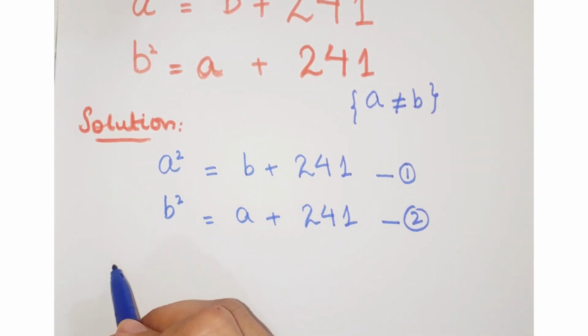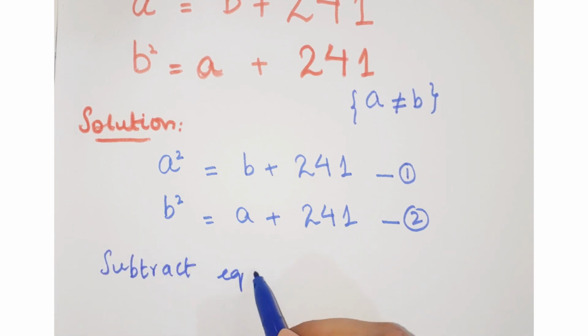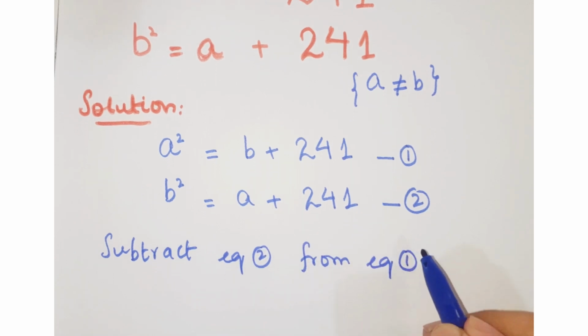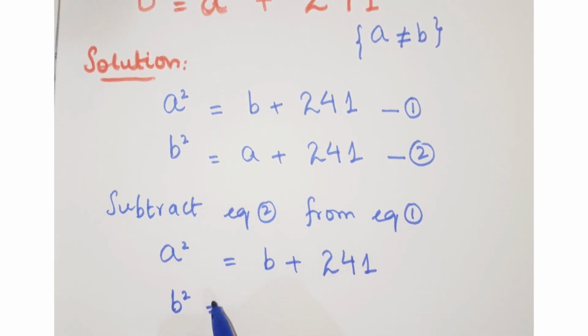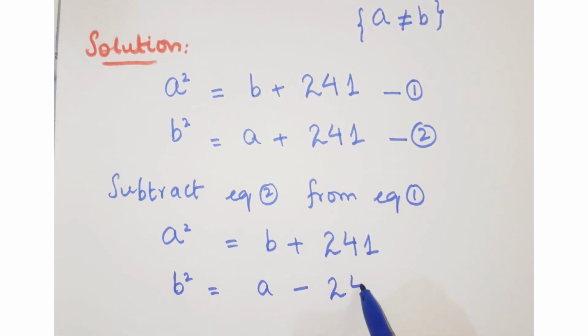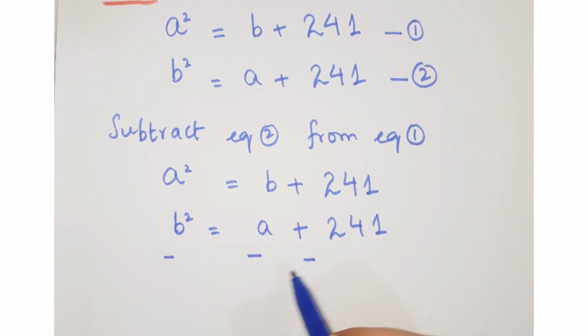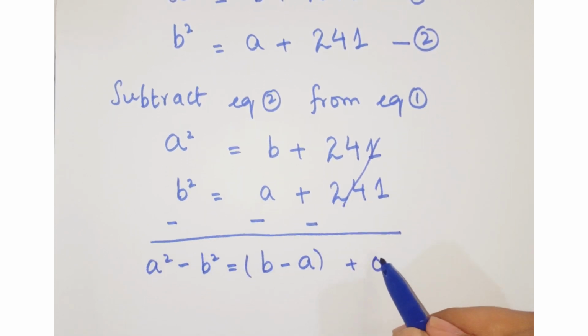Right? Now first of all, we are going to subtract equation number 2 from equation number 1. So let's subtract. So here you get a square minus b square equals b minus a, and here this term is cancelled, so this is 0.